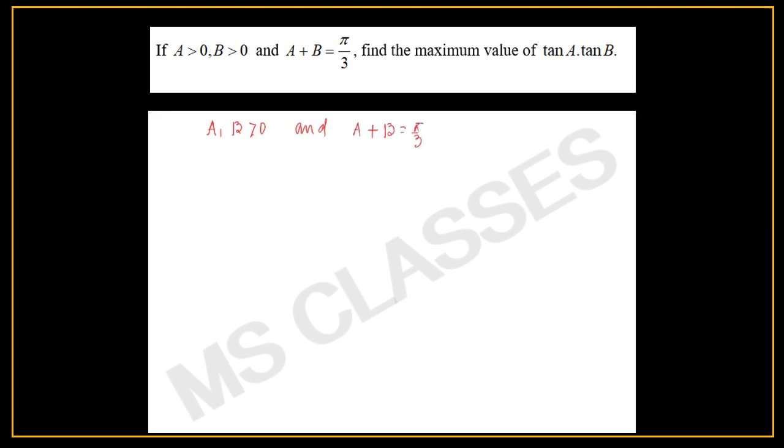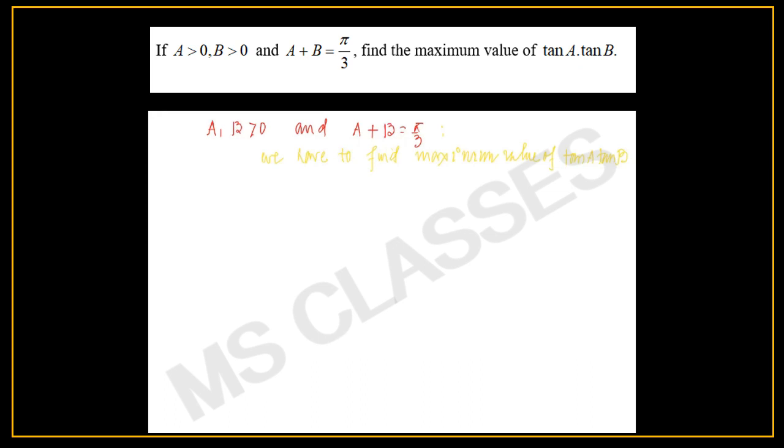Here we have to find the maximum value of tan A tan B. Now, first of all, if we observe here, A and B greater than 0, so two positive numbers, angles are both positive, and their sum is pi by 3. So that means both the angles should be acute angles.